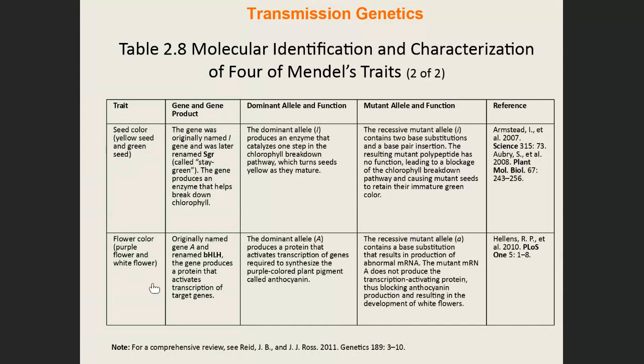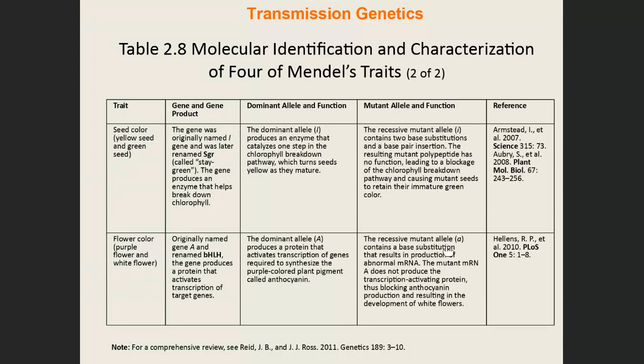The flower color, remember the wild type is purple and the mutant is white. This is a mutation in a transcription factor called BHLH. This stands for basic helix loop helix, which is a structural motif that's commonly found in transcription factors.